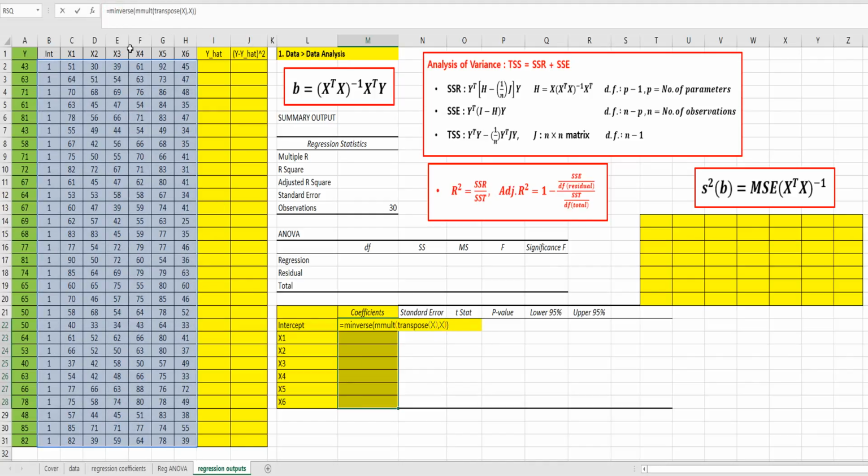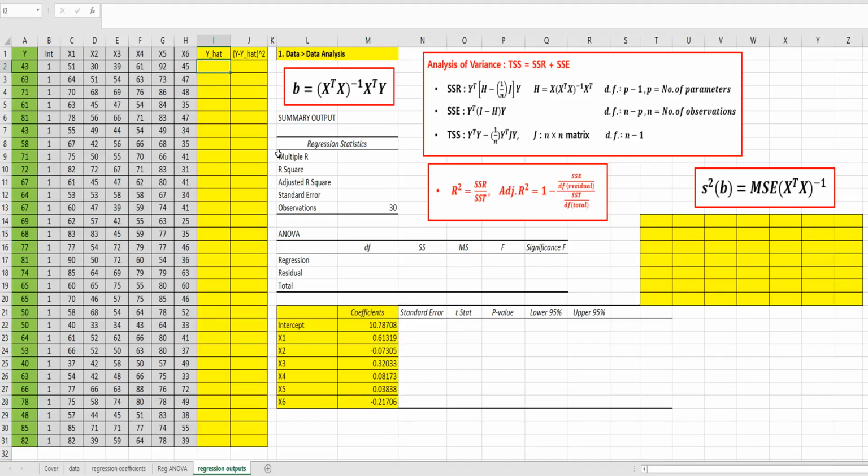And then MMULT, comma, transpose x, and finally let's multiply by y and MMULT, comma y. Okay, and press Ctrl Shift Enter. Right.